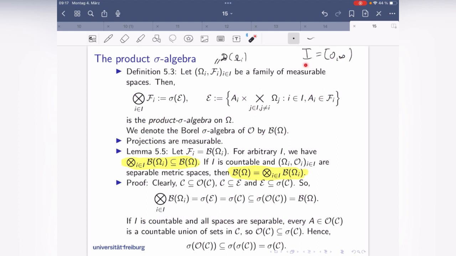And that's something which is very common in probability theory, because one product space is just a function space. Let's say all omega_i's are maybe R. And a product of R using this index set, so that's just all functions from 0 to infinity to R.